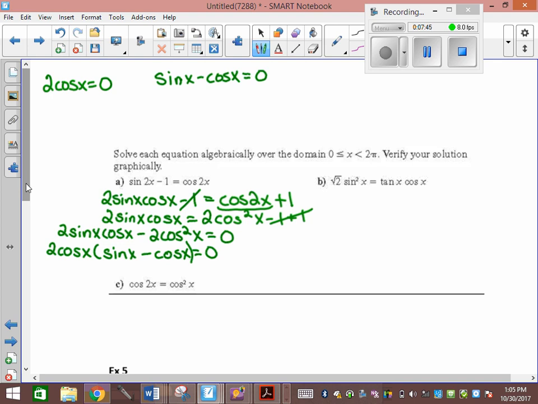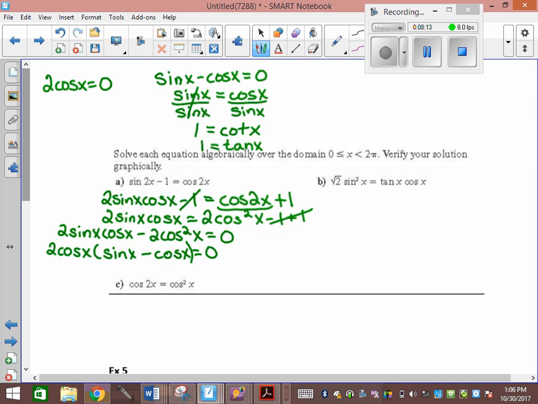For this one, I can add the cos over. So I get sin x = cos x. And then I can divide by sine, and this becomes a 1. So I actually get 1 = cotan x, which is the same as tan x = 1, because it'd be 1 over 1 flipped.